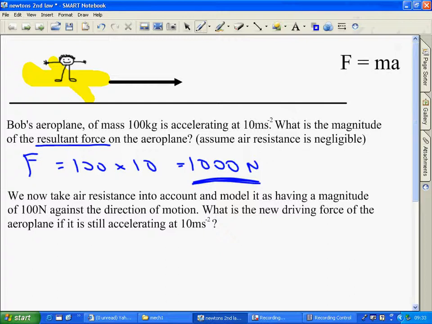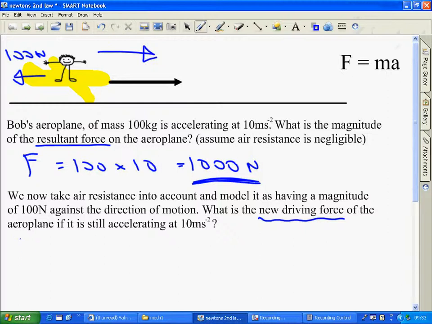If we take air resistance into account, so there's an air resistive force of magnitude 100 newtons opposing motion, what is the new driving force of this aeroplane? So using F equals ma, F is the resultant force acting in this direction.